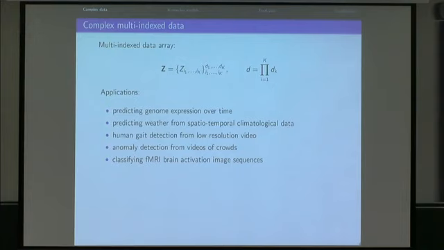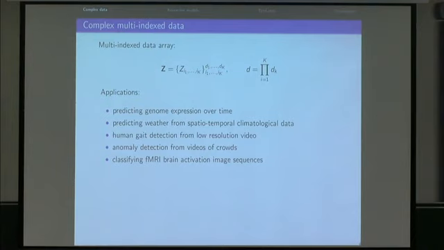So predicting gene expression over time for a very large number of genes that are indexed over gene index and time, weather from spatiotemporal climatological data. I'm going to show some examples from that in this talk.